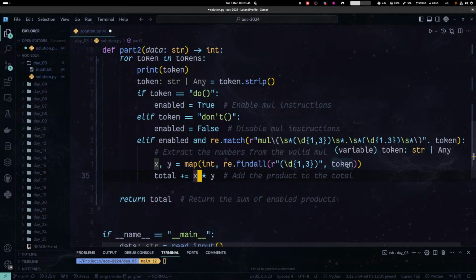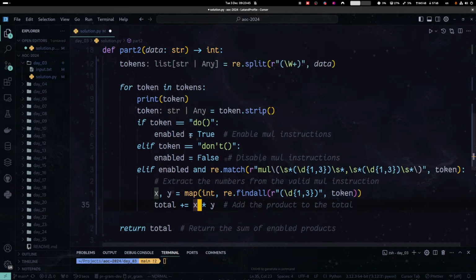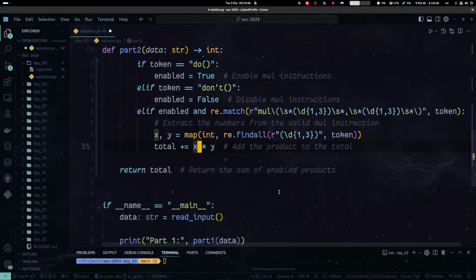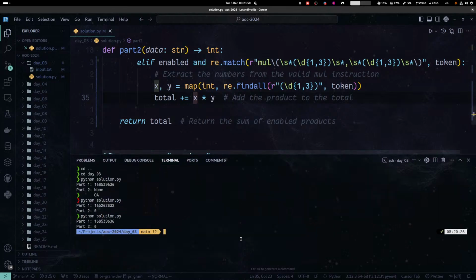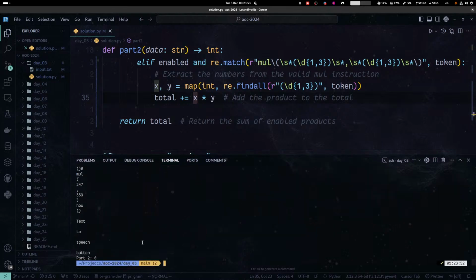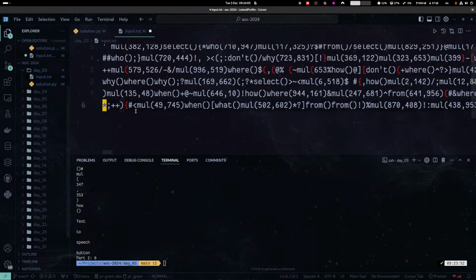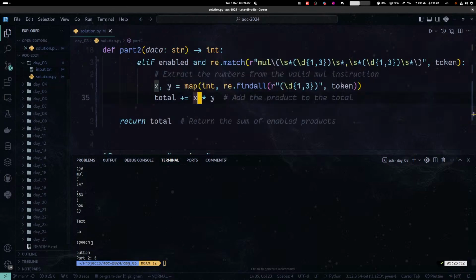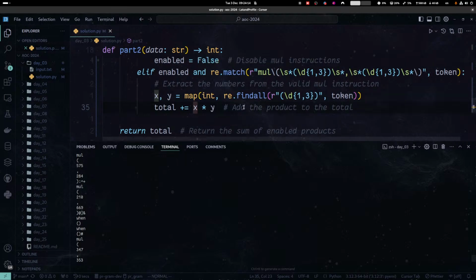So how does it understand how to split? All right, so we have these tokens that are where mul. Part 2, 0. So it hasn't solved it. Yeah, I'm not sure this is the way.